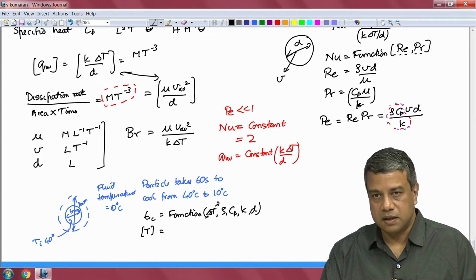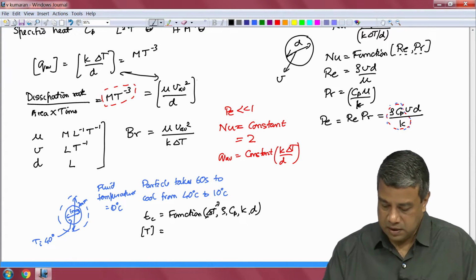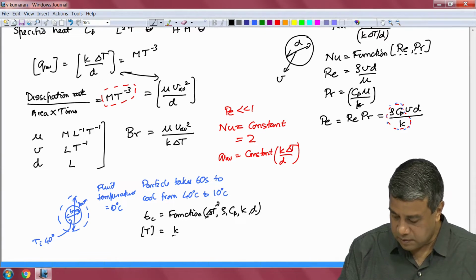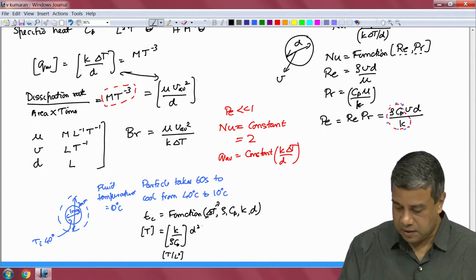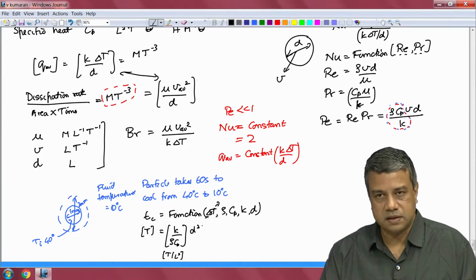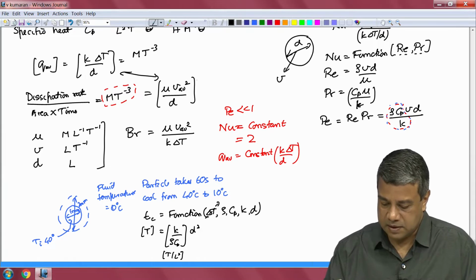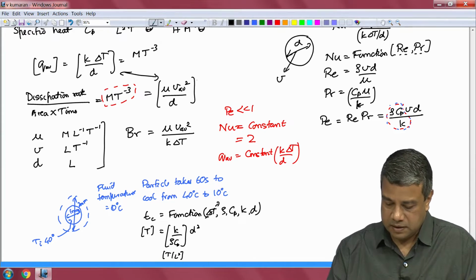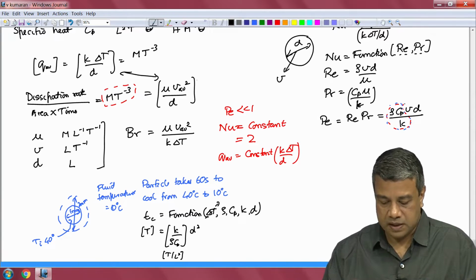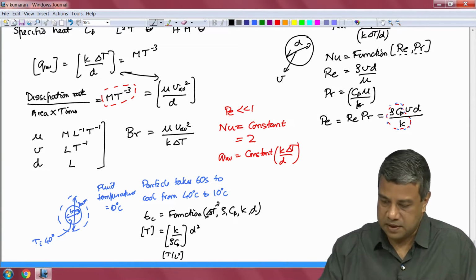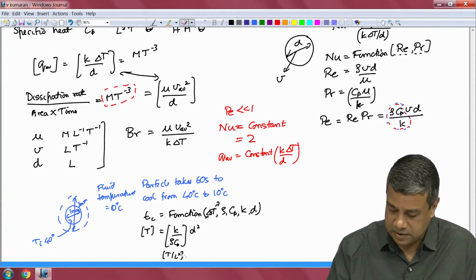So, if I take k by rho Cp, this will have dimensions of time by length square, and multiplied by the square of the diameter d square, I will get something that has dimension of time, because rho Cp by k has dimensions of length square per time. So, if I take k by rho Cp and multiply it by d square, I will get something that has dimensions of time.